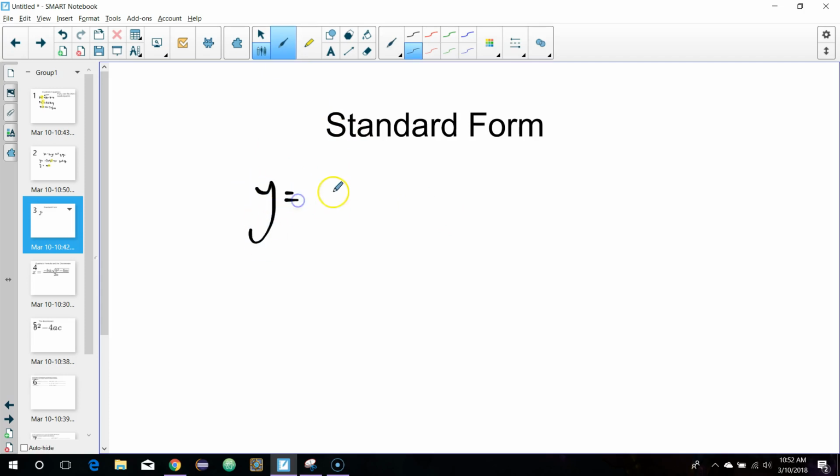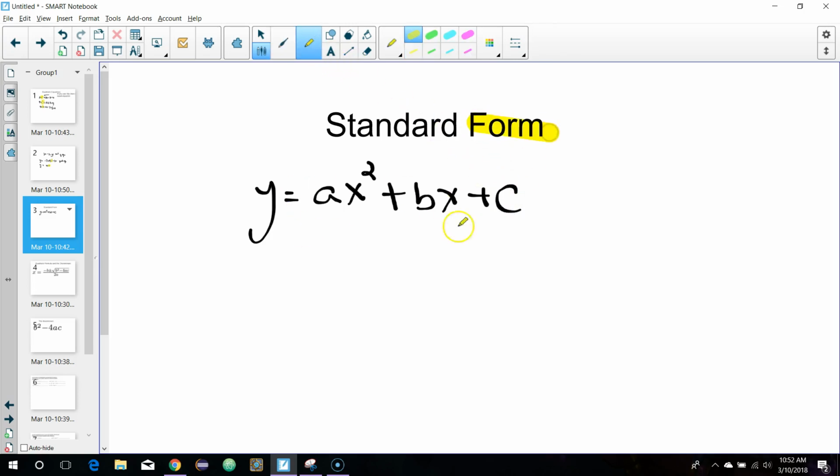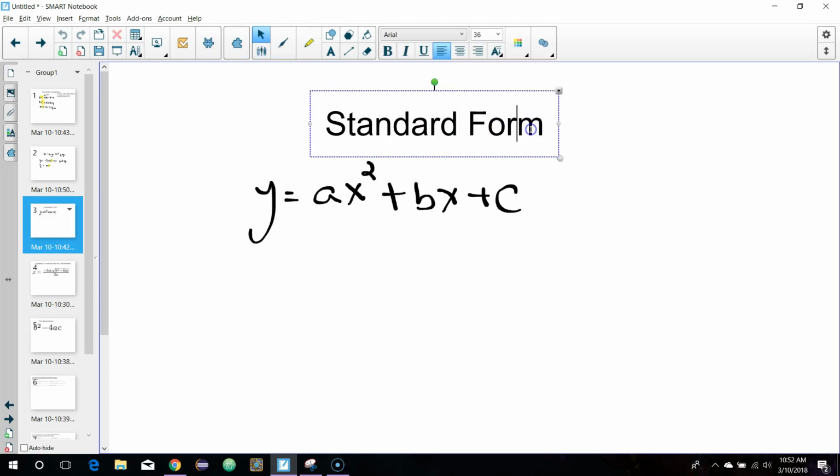So y is equal to a number called a, x squared plus bx plus c. That's what we call standard form, a bit like the slope-intercept form. Standard form is a representation of the quadratic equation. I should actually type that out just in case. It's a standard form for the quadratic equation.